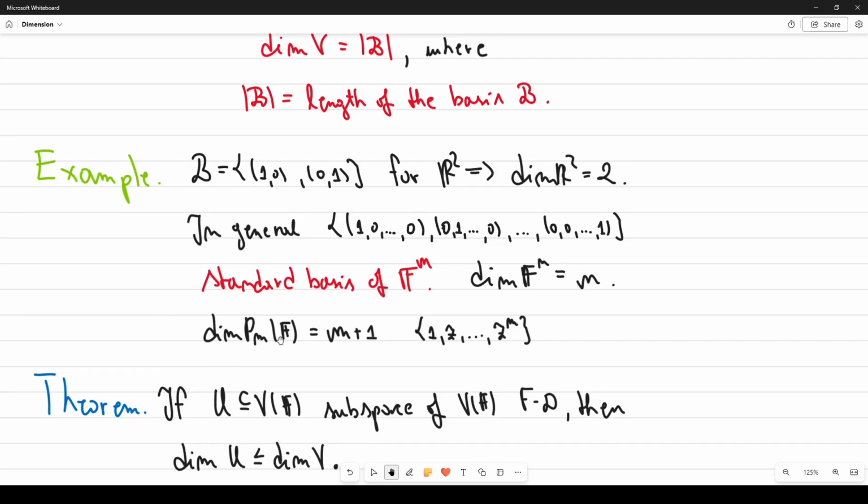For example, if I look at the vector space of all polynomials of degree at most m, the dimension is m plus 1, since here is a basis of that space. We have z to the m, down to z, there's m of these, and we have 1, so z to the 0th. So we have m plus 1 elements here. So the dimension of this vector space is equal to m plus 1.